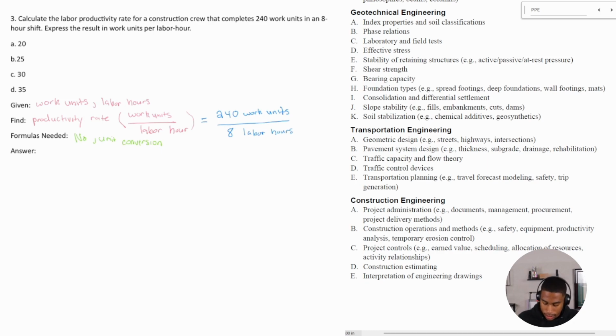And once we do that calculation, you should get 30. And so our answer is going to be C.